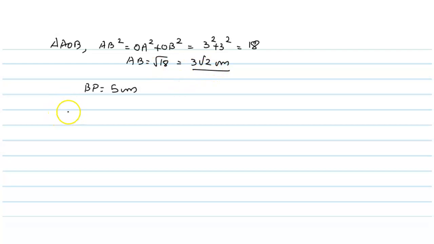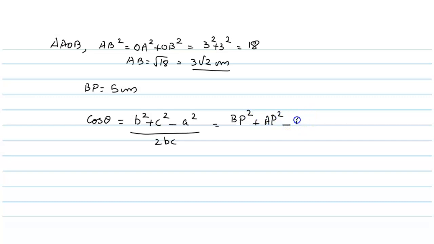Now we will use the cosine rule. From cosine rule, we have cos theta equals b square plus c square minus a square by 2bc. So applying these values, we have BP square plus AP square minus AB square divided by 2 into BP into AP.